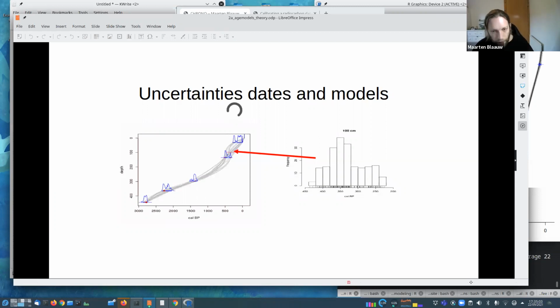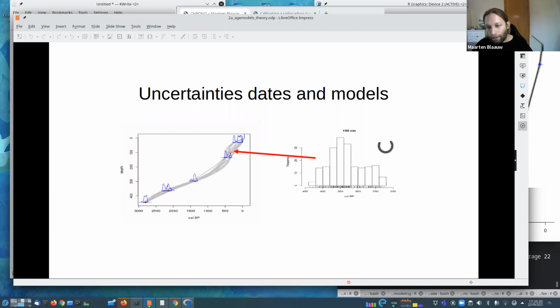Of course, for example, at 100 centimeters depth, we have no dated depth. There's no date, but all those age models go through that depth anyway. So we can ask the age model, give us for all your 1,000 iterations, those 1,000 point age estimates for 100 centimeters depth.